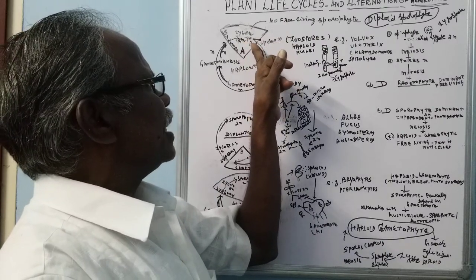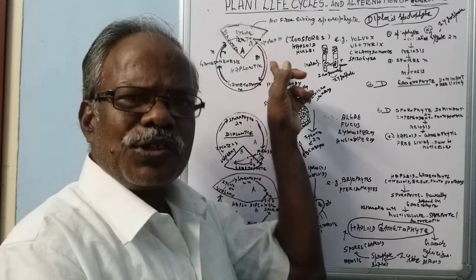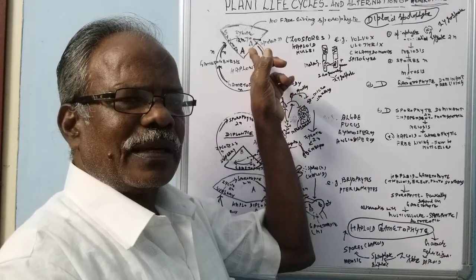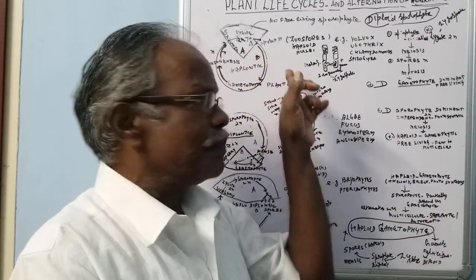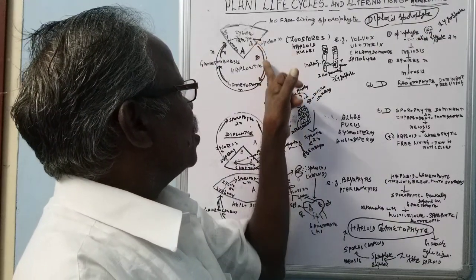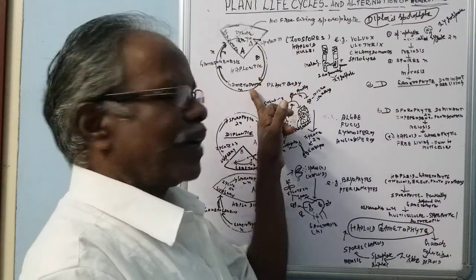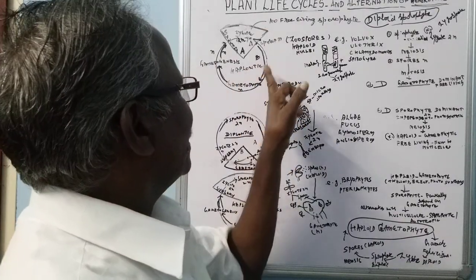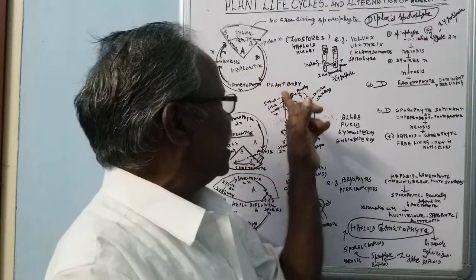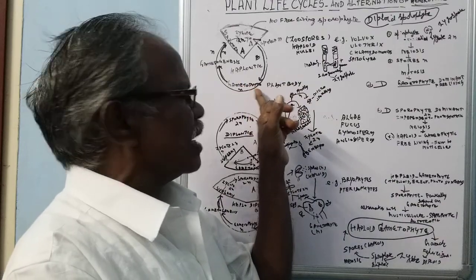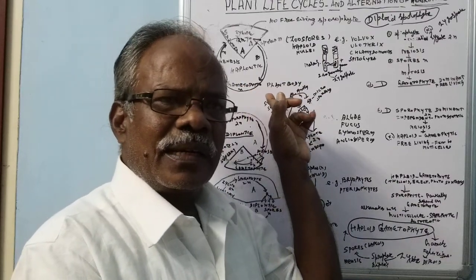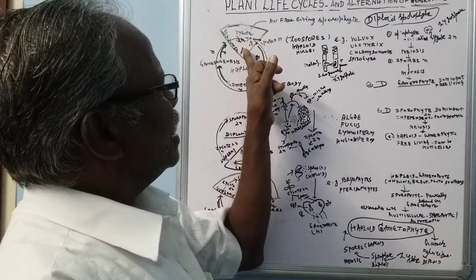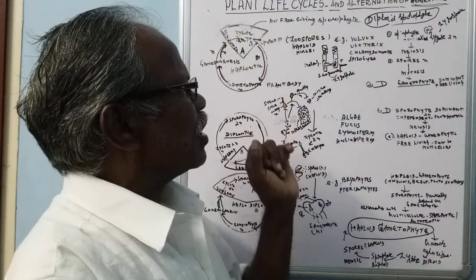Then this 2N is reduced to N, and the spores are formed by the process called meiosis. Then the spores are developed into gametophyte, that is N chromosome. This is called haplantic. So in haplantic, the gametophyte or the plant body is the dominant one, and there is no free living sporophyte.